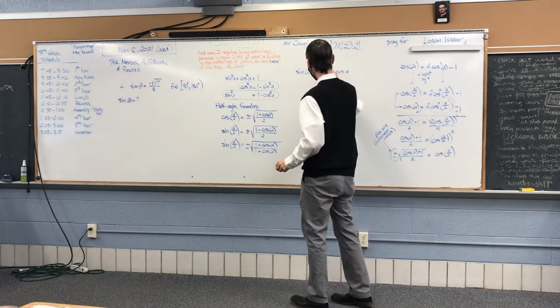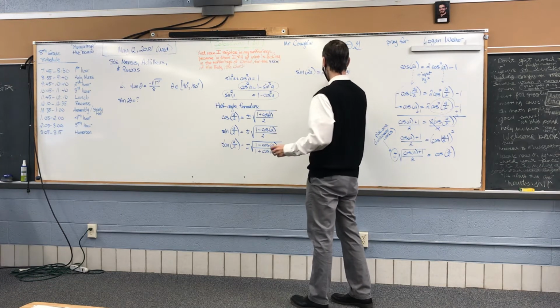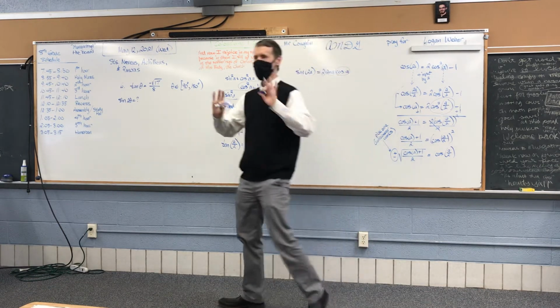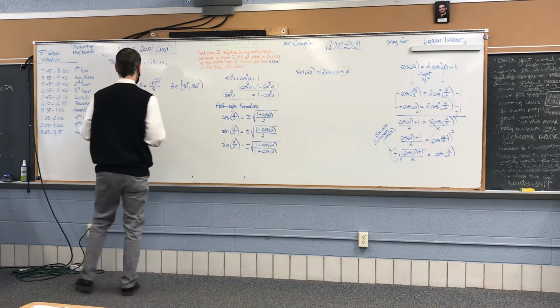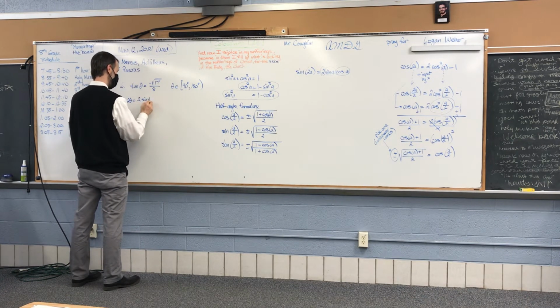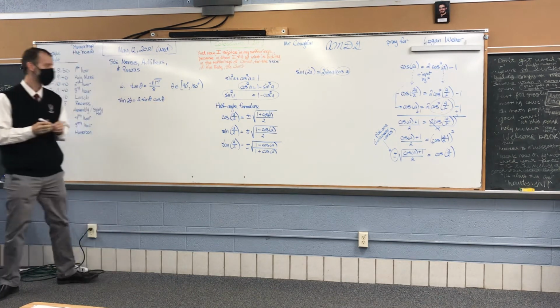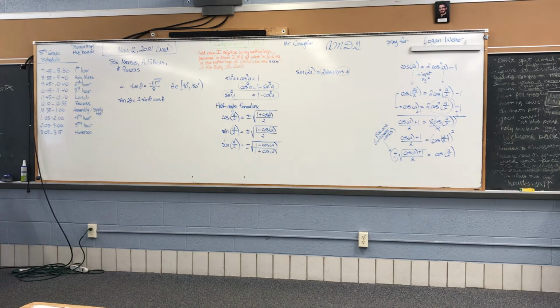I need a 2, which is easy. I need sine of a, and I need cosine of a. Once I get those, I can multiply them and I'm done. So let me put that over here: 2 sine of theta cosine of theta. Now, all they told me was tangent.